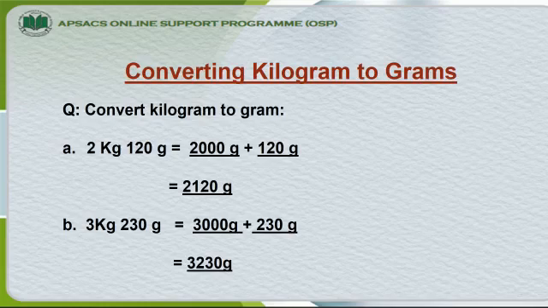Add 120 grams to it and it will be 2120 grams. Now the second question is 3 kg 230 grams. Now 3 kg means 3000 grams. Add 230 grams to it and it will become 3230 grams.